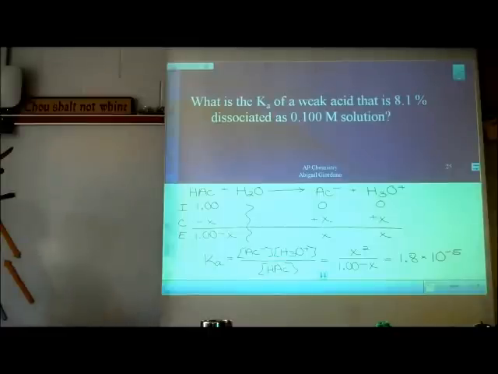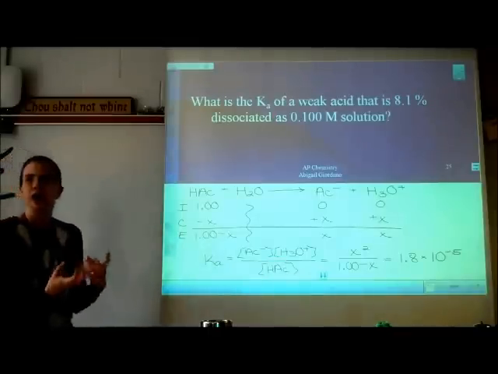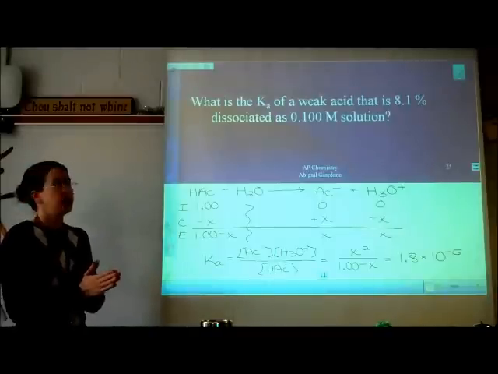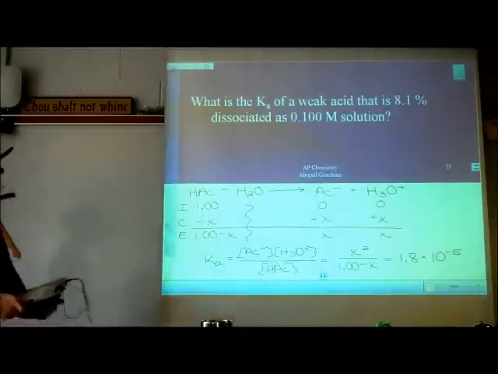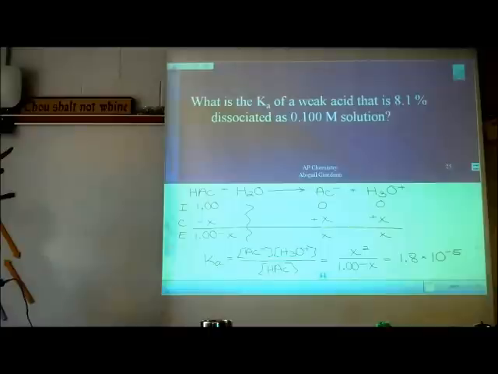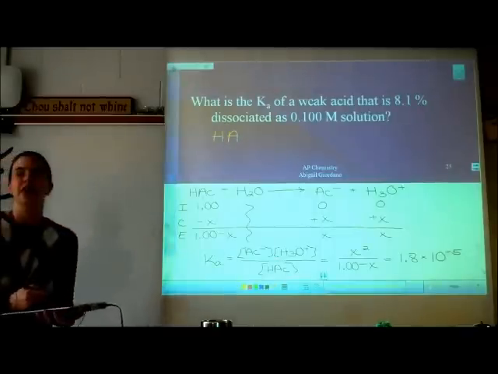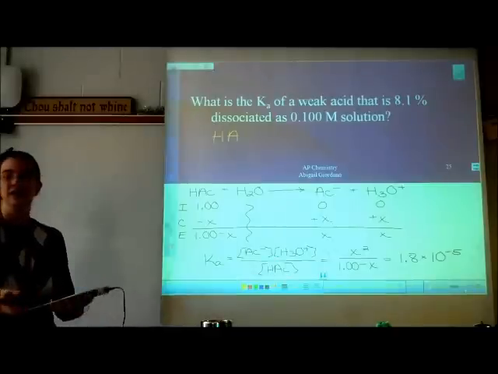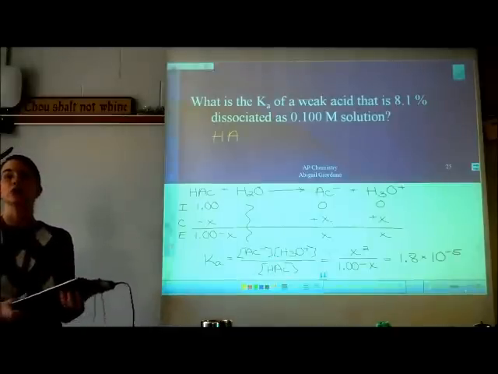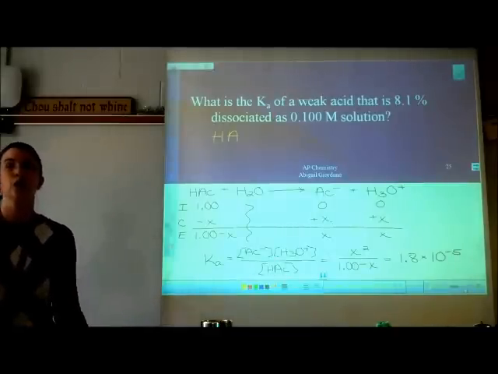This is taking the concept of percent dissociation and rearranging it a little bit. Okay? My suggestion to you on getting started, we don't know what acid it is, so let's call it HA. Write out your reactions, set up an ice table. You will see that when you get down to the end, you'll be missing some information, but there's ways to get it. Try it.